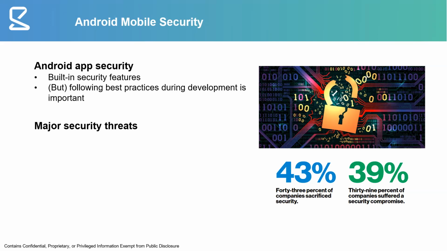Now let's cover some major security threats when it comes to Android apps. The most common security concern for an Android app is whether data saved on the device is accessible to other applications. Unreliable data storage can lead to data theft and severe financial consequences. Another one is secured network transactions.